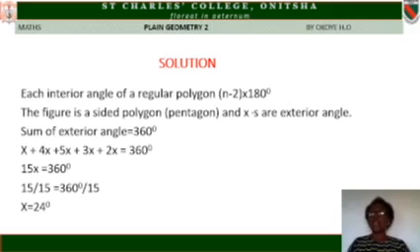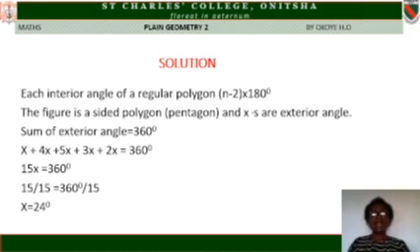So we cannot use n minus 2 times 180 degrees. So let us do our addition. x plus 4x plus 5x plus 3x plus 2x equal to 360 degrees. Please, that x, there is no degrees there.